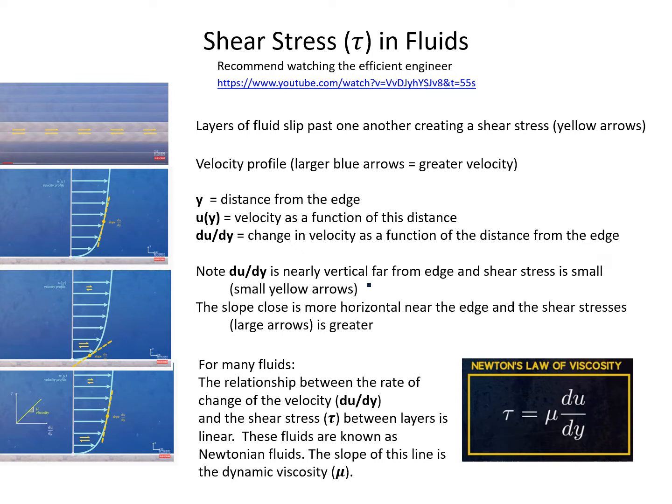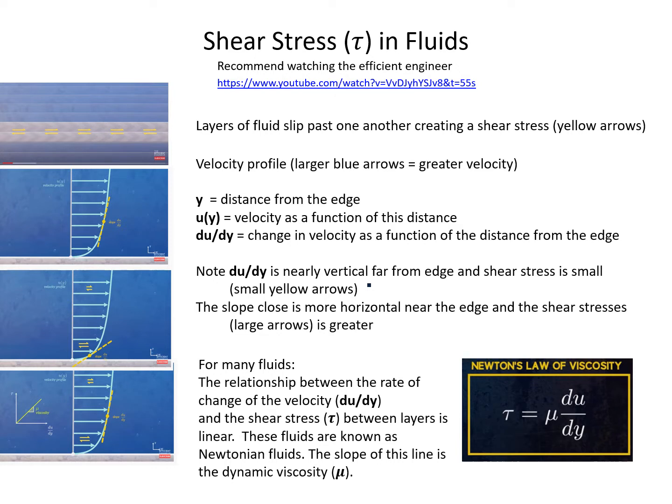The second panel actually draws a profile of the differences in velocity in those layers as you move up in the y direction. So this change in velocity, delta u, for a given distance away from the wall, is delta u over delta y.